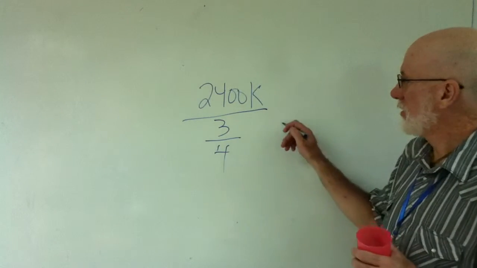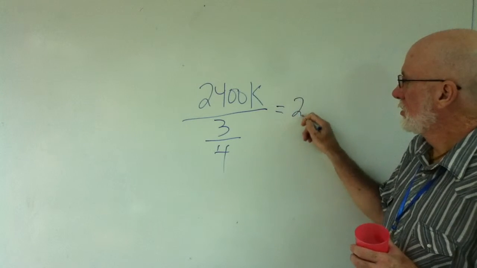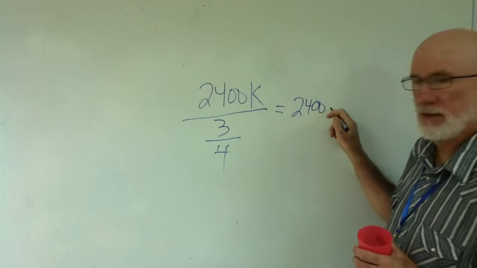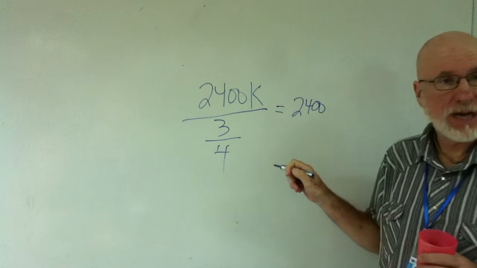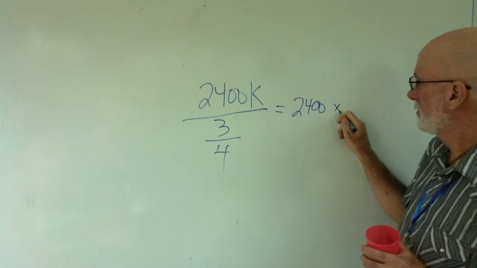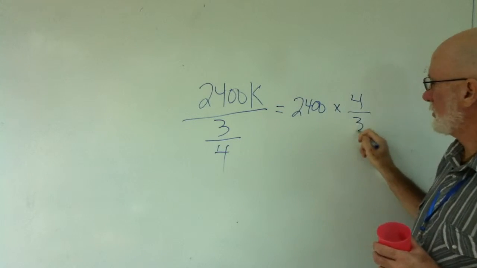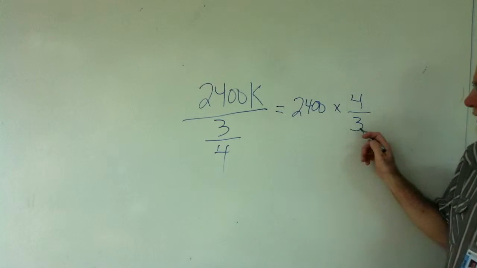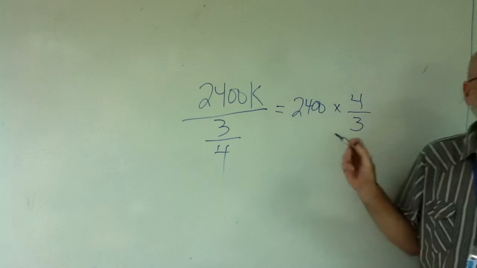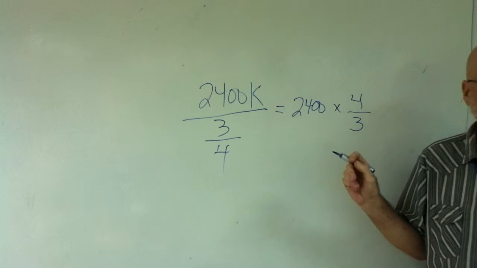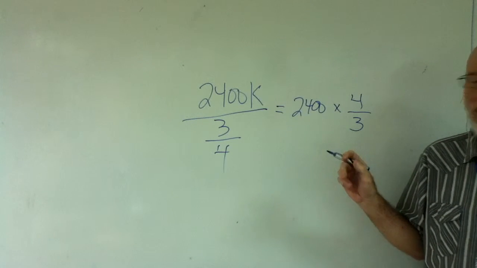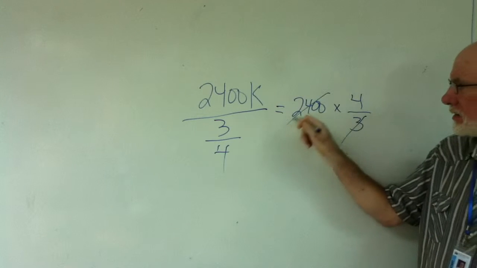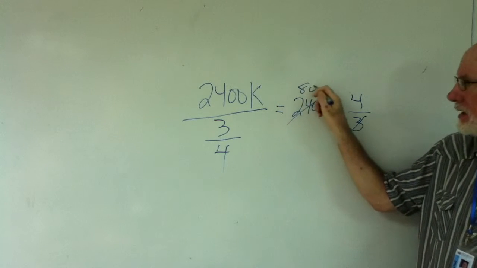Okay. So isn't that going to equal 2,400 times 4/3? Yes. So is there something we can factor out of that? 3 goes in 800 times.